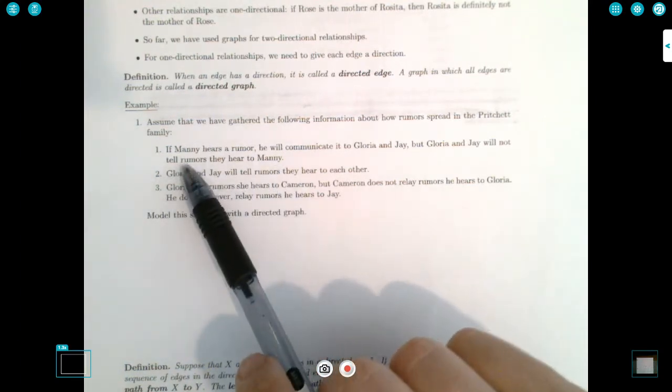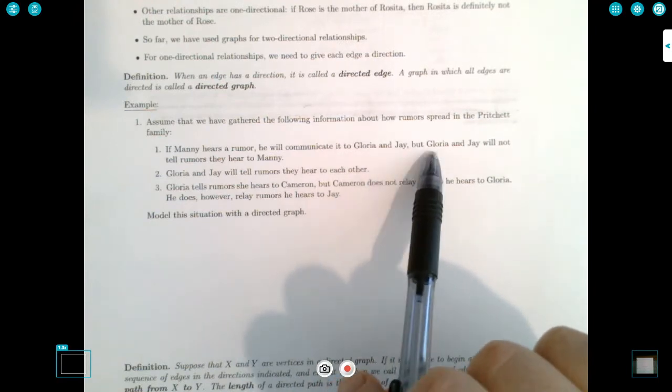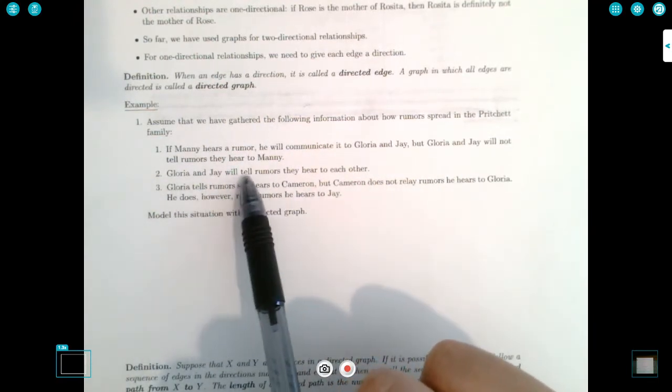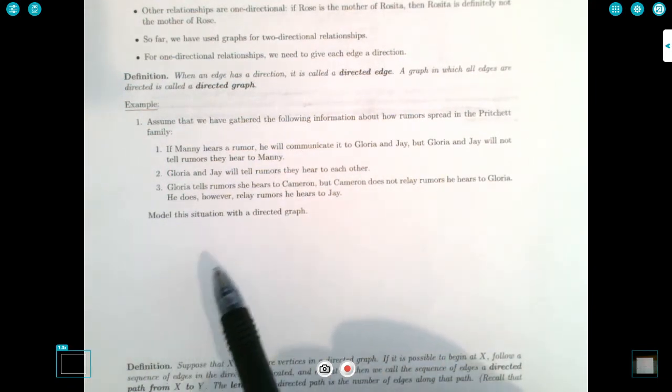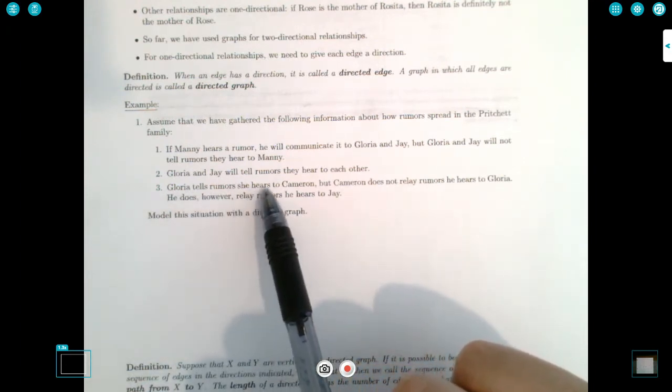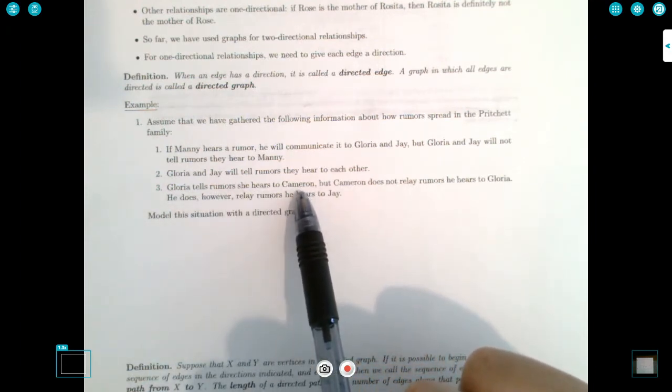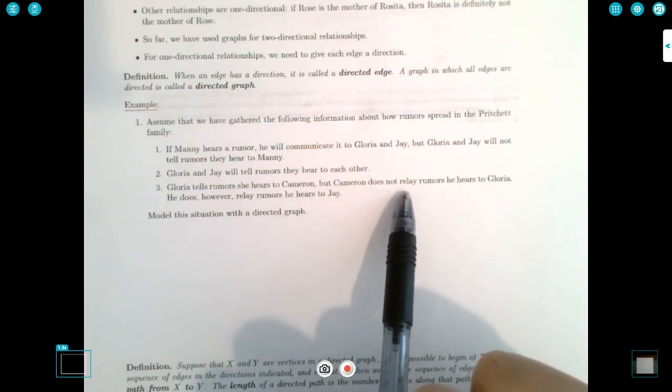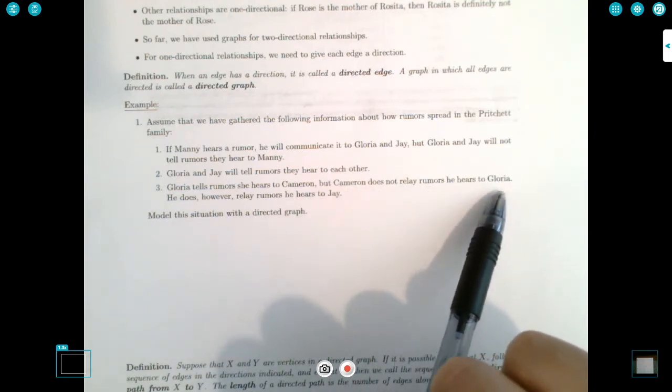Okay, so if Manny hears a rumor, he'll tell it to Gloria and Jay, but Gloria and Jay will not tell rumors to Manny. Gloria and Jay will, however, tell rumors to each other. And then finally, Gloria tells rumors that she hears to Cameron, but Cameron does not relay rumors that he hears to Gloria. He does, however, relay rumors he hears to Jay.